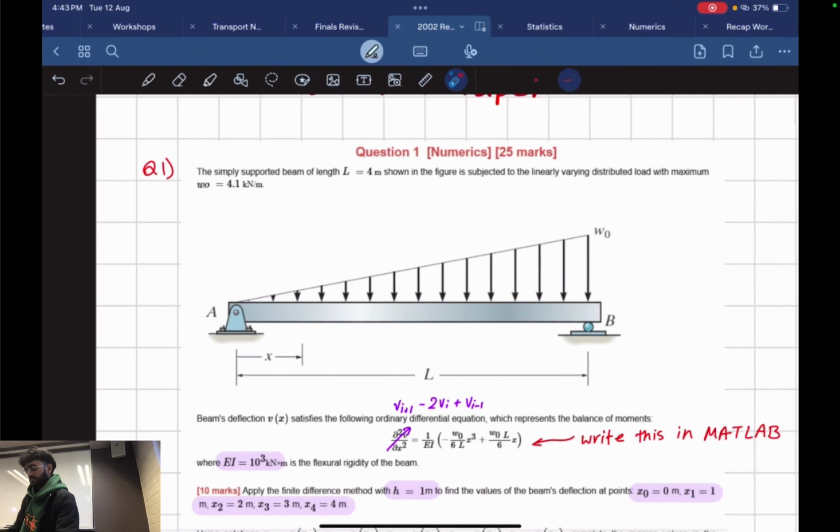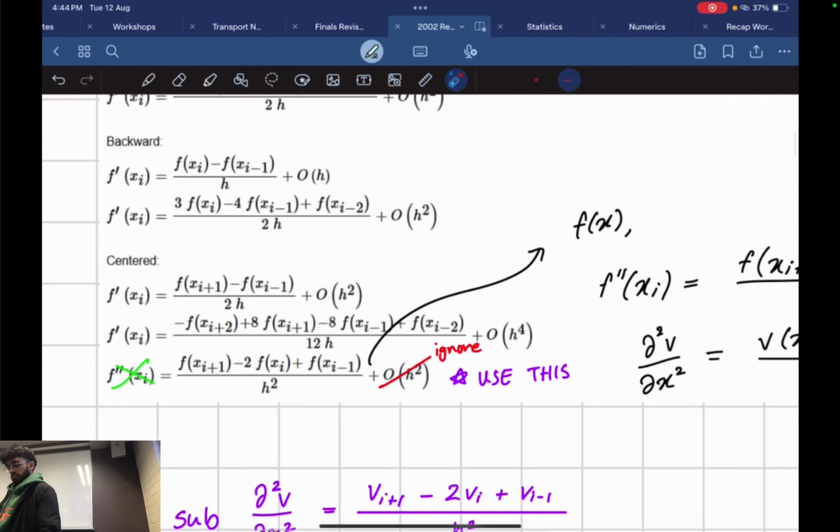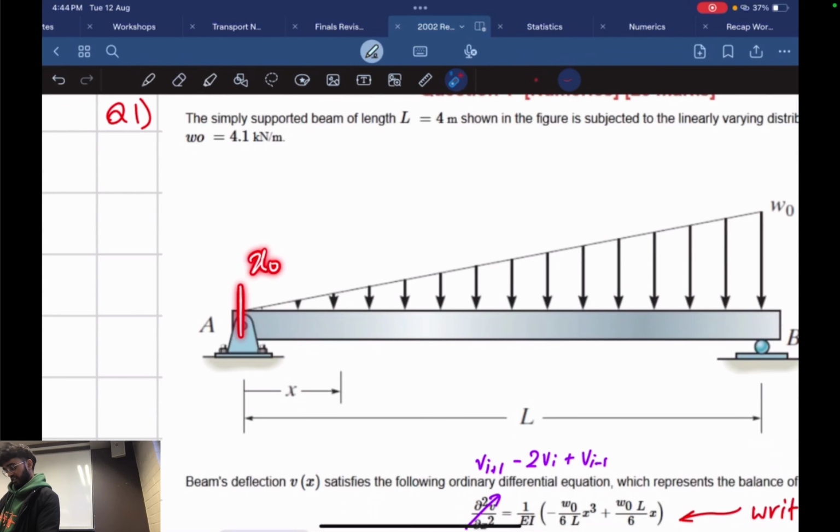I just explained that for the centered one. When you sub in i equals 0, what happens to this x value? It's negative. So you get x of minus 1, which doesn't exist, because x0 is over here.